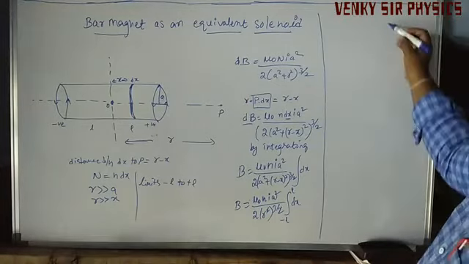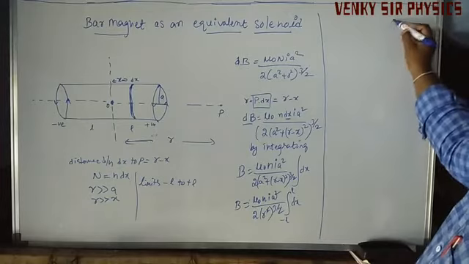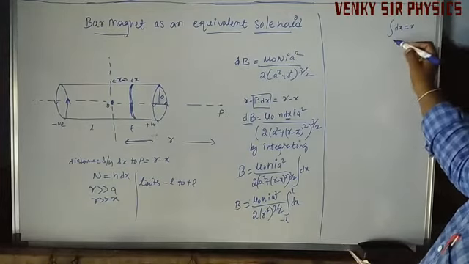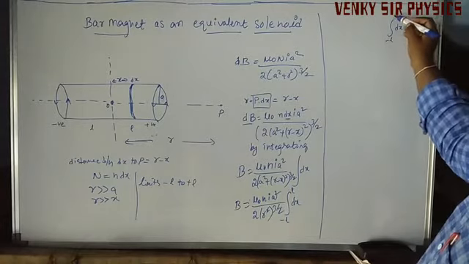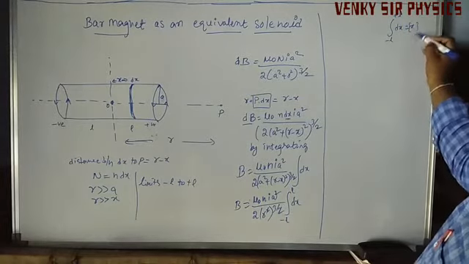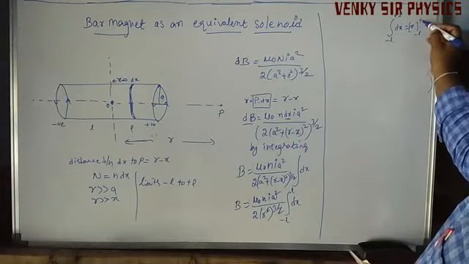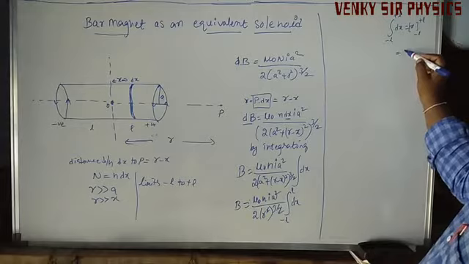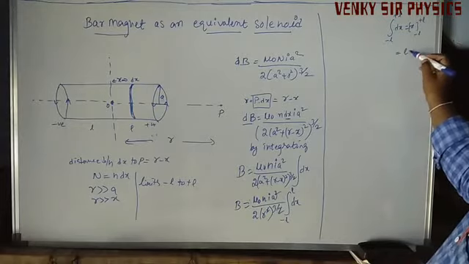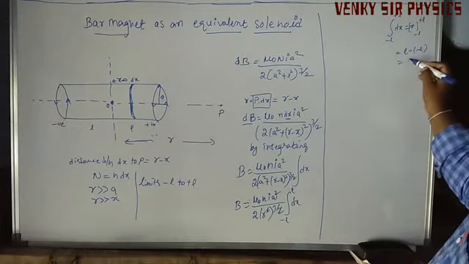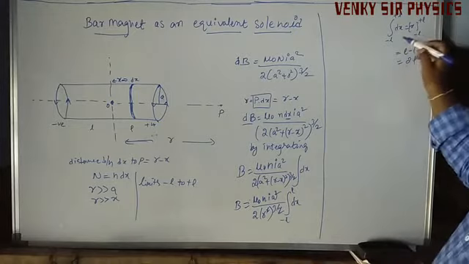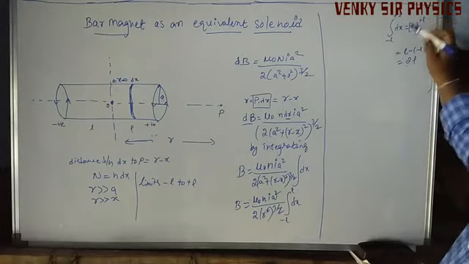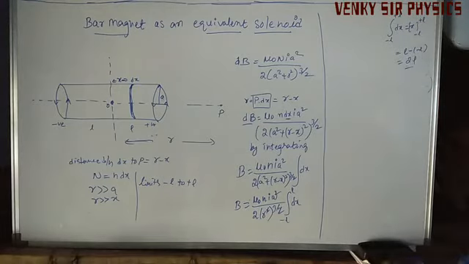So we know that the integration of dx is equal to x. If we apply limits, minus L to plus L, upper limit minus lower limit: upper limit L minus of minus L, that is 2L. The integration of minus L to plus L dx is equal to 2L.